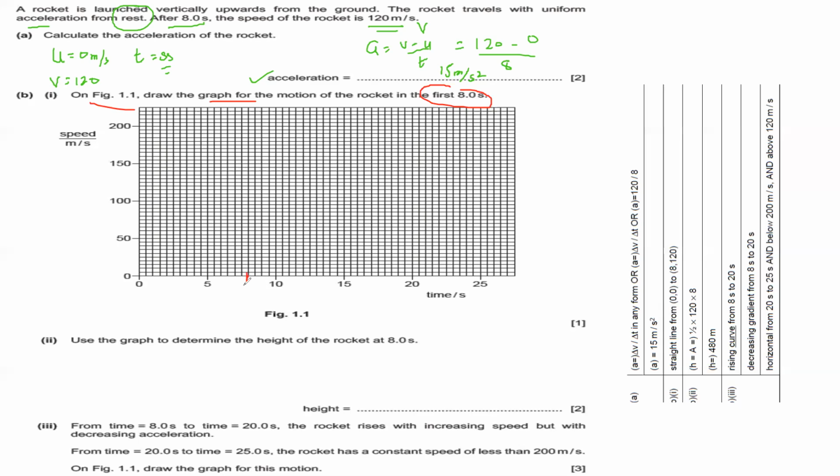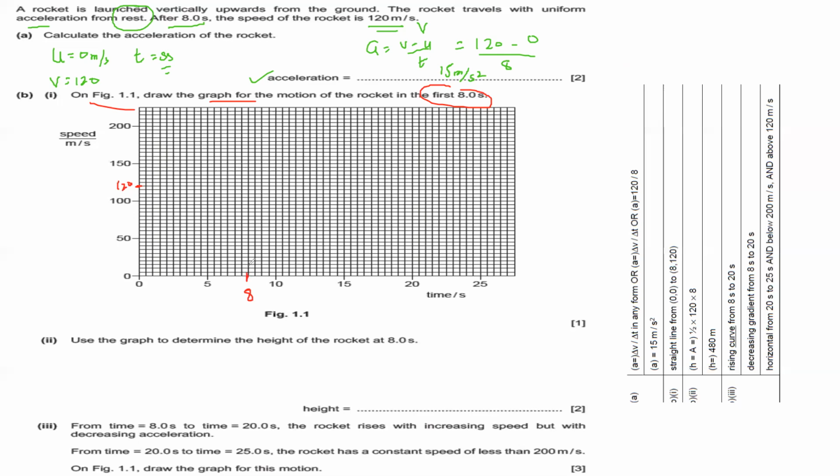So when time is equal to 8, what is the speed of the rocket? The speed of the rocket is 120. Each box on the y-axis represents 5, because from 0 to 50 there are 10 boxes. So this will be 105, 110, 115, and 120.